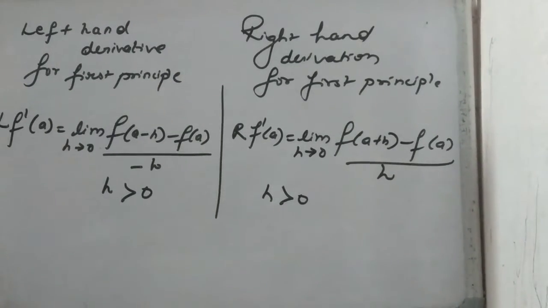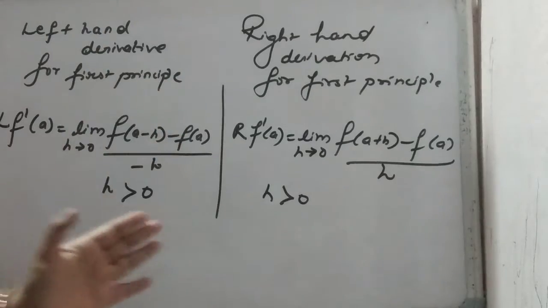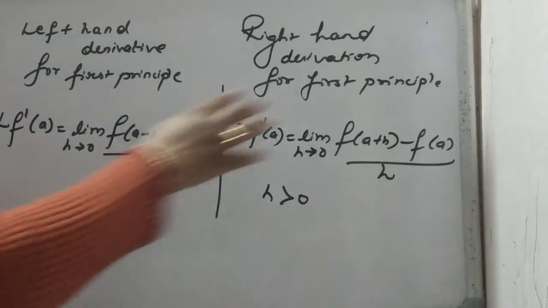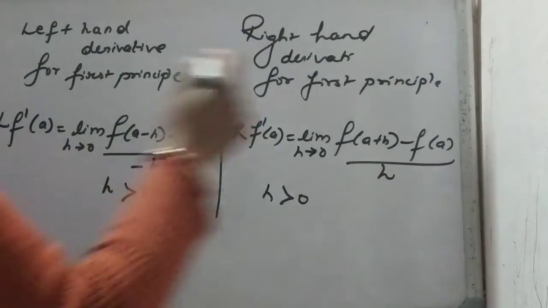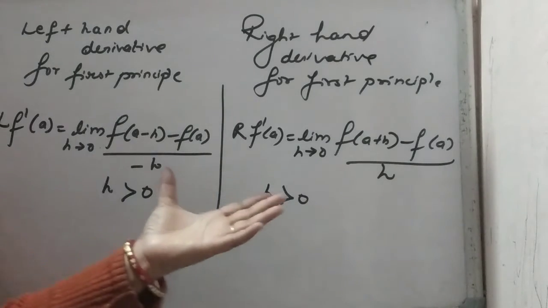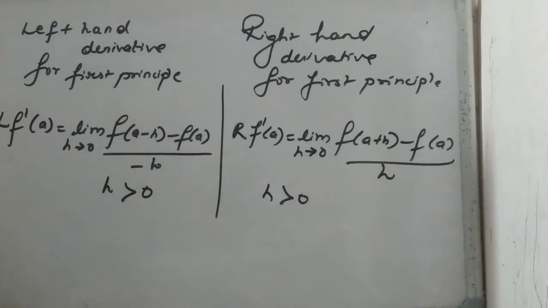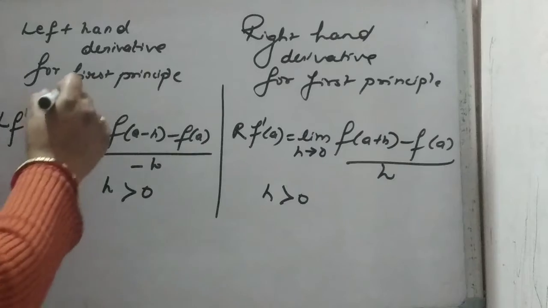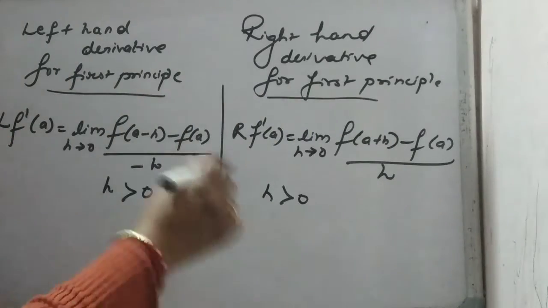So let's see here the left hand derivative and the right hand derivative. Children, already I told you in the limit chapter about the left hand and the right hand limit. Same here in differentiation you will see the left hand derivative or right hand derivative, only there is a change in the sign. The rest of the terms are equal, only the signs change. For the first principle, if they are asking left hand and right hand, you can easily find out.